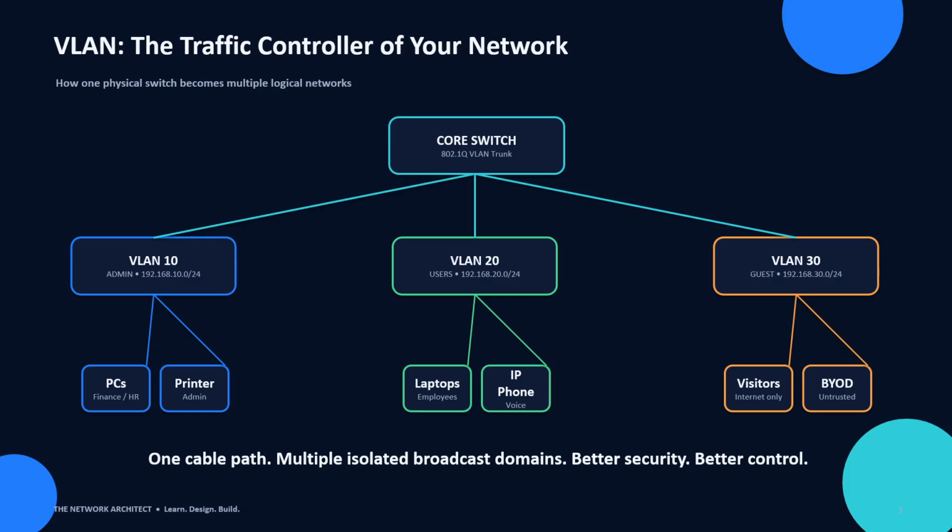The physical switch is like the building. The VLANs are like separate flats. So inside the building, we can have VLAN 10 for administration with a network such as 192.168.10.0/24.